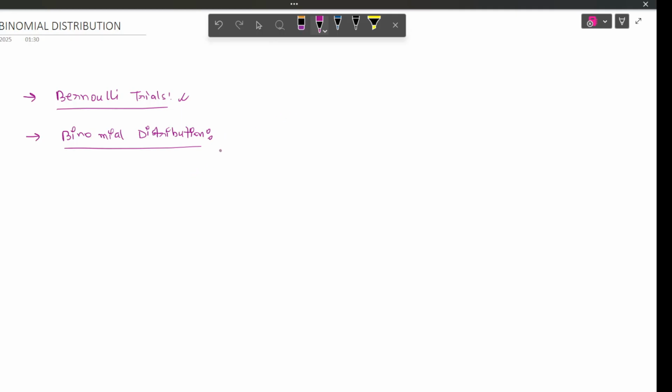So let us consider a random experiment and an event A associated with it.